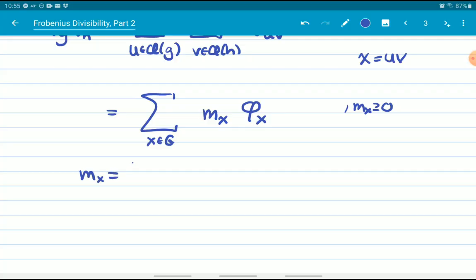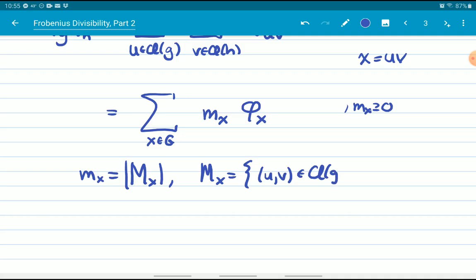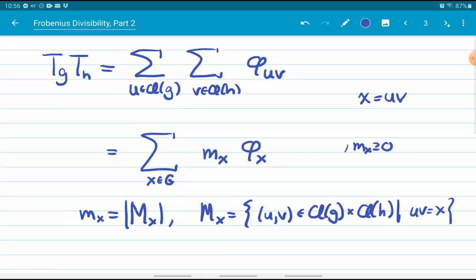It's the size of the set, which I'll call capital Mx. Mx is just the set of pairs consisting of an element in the conjugacy class of g and an element in the conjugacy class of h, such that uv equals x. Basically, I'm just going to collect all the terms involving u and v that multiply up to x, and then I just have to count them. And that's the formula.